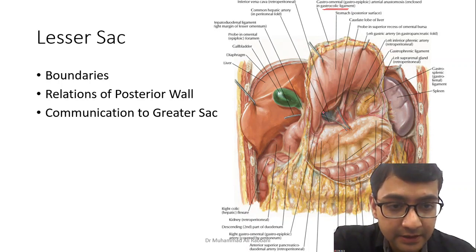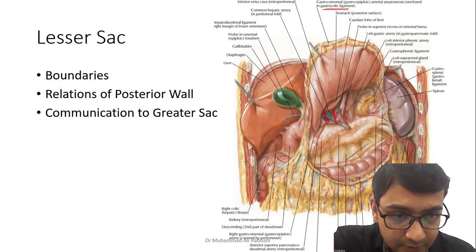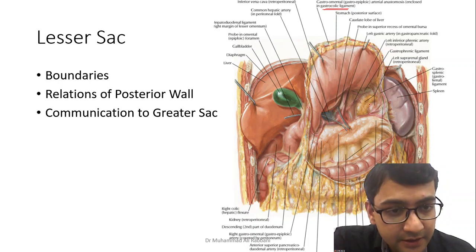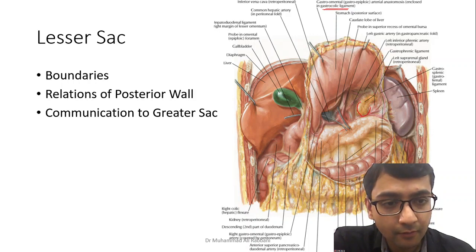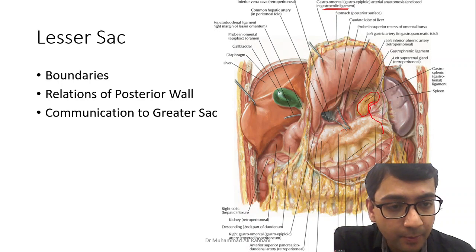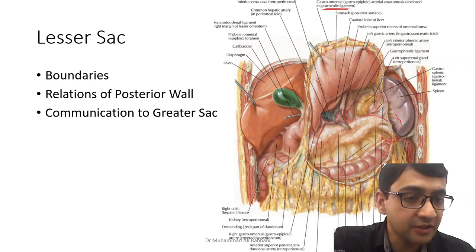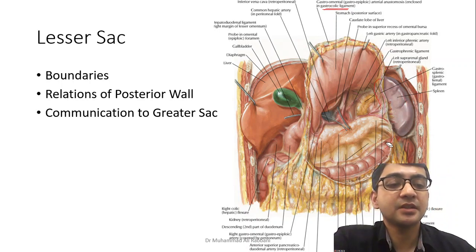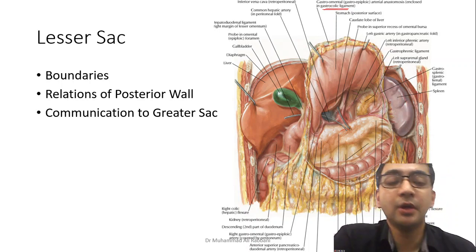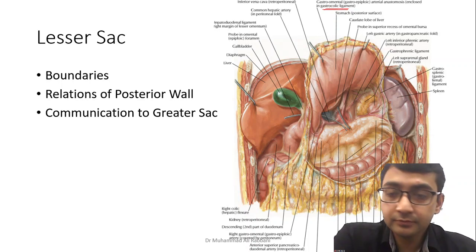Then here you can see the vena cava, and the left suprarenal gland, and below the suprarenal gland obviously there will be the kidney. A part of the upper pole of the kidney is visible here, and then you can see the hilum of the spleen here. So these are the structures that form the posterior wall of the lesser sac.